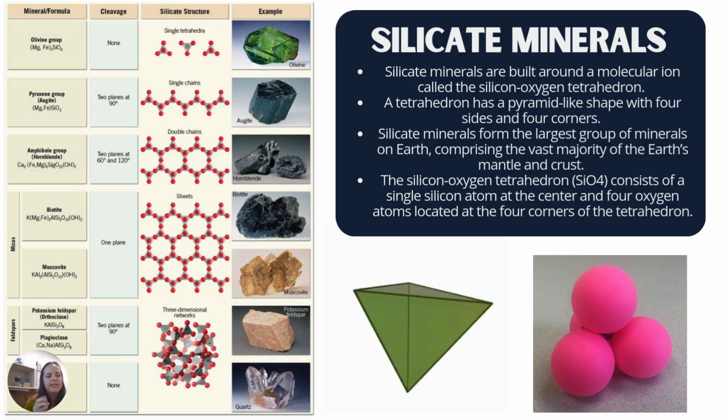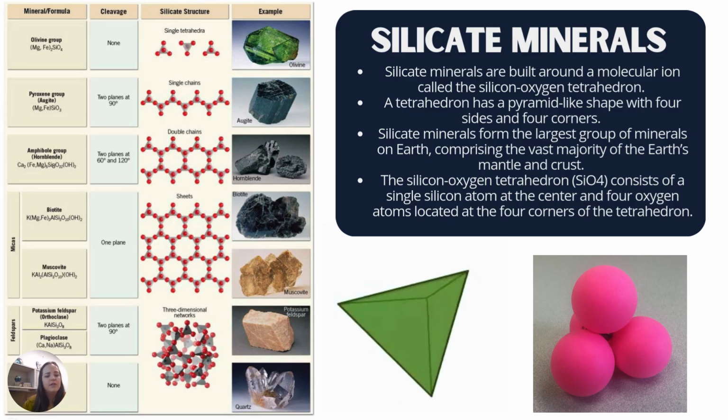And quartz, while it has a simple chemical formula, it's only silicon oxygen, it has a 3-dimensional network. So its crystalline lattice, which is all of those red little beads there, is really complex. And that creates this really complex crystal that is quartz. Quartz takes a long time to crystallize. It is the last to crystallize out of a magma or lava, and they usually end up fairly large.